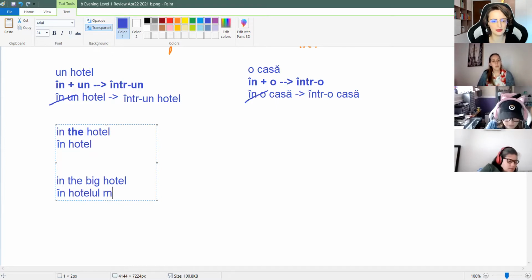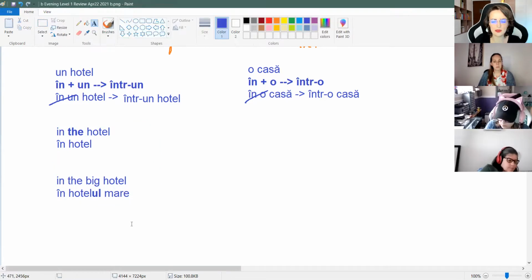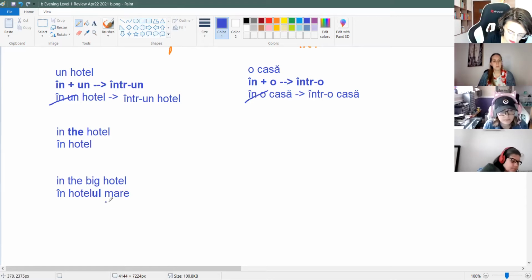Da, în hotelul mare. So because it's a masculine noun or a neuter noun, the definite article is ul, în hotelul mare. Because now it's like we made it more defined by describing it.